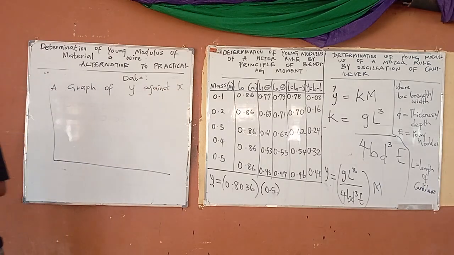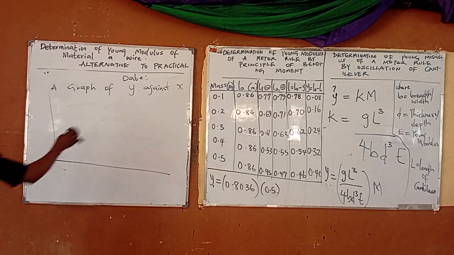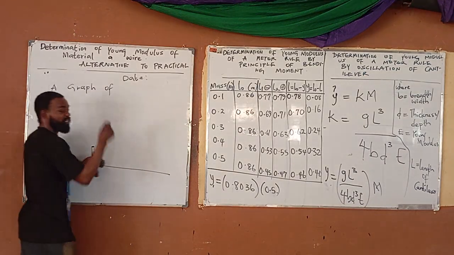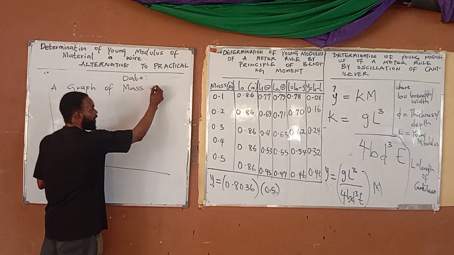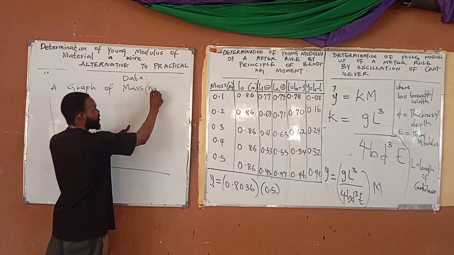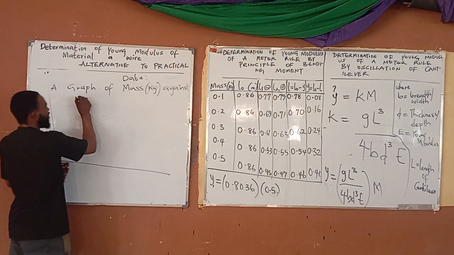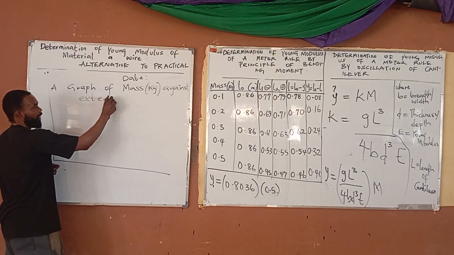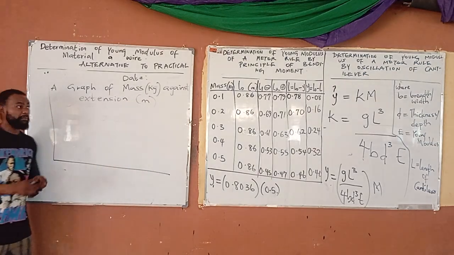You are joking. Please, this title should carry what you are doing. So it should be a graph of mass, if it's mass you are using, and this mass has its unit kg, against extension. And extension should be in meters. You write it. Very important.